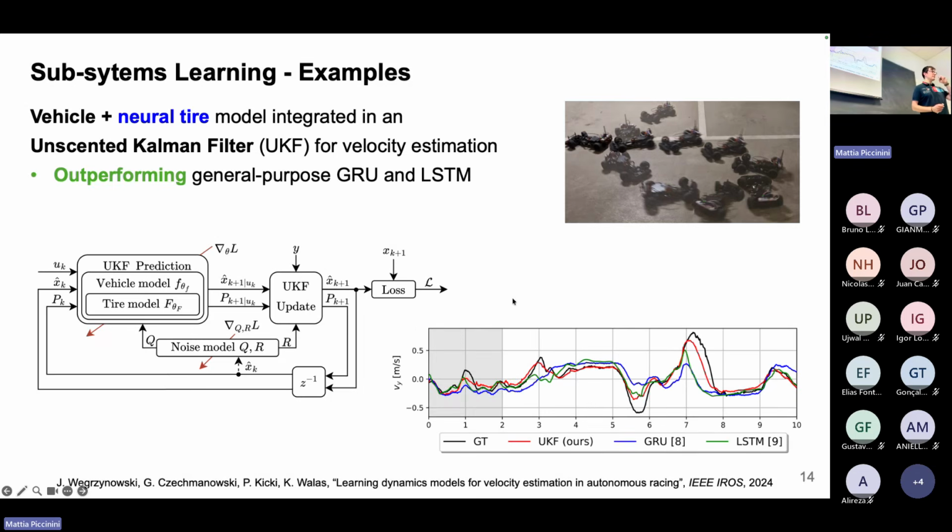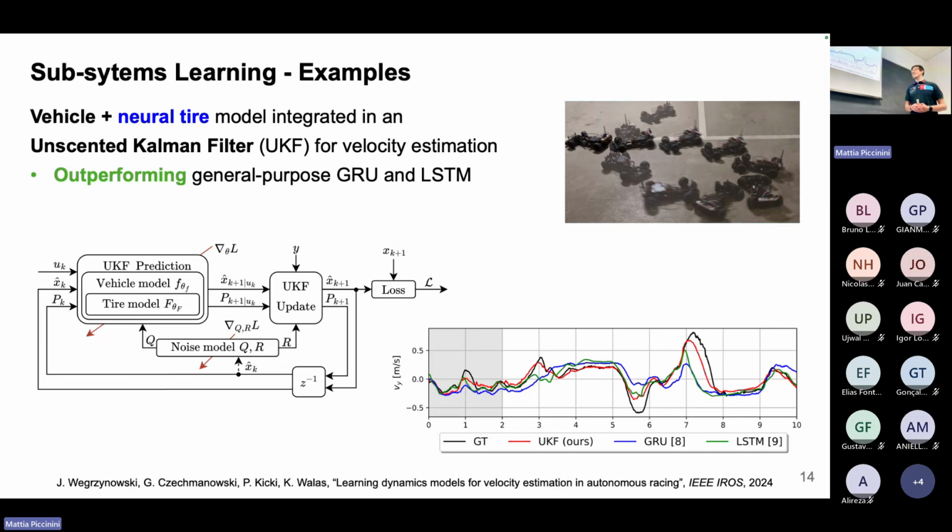So instead of using an analytical model containing neural tire models, they probably used the GRUs and LSTMs, which are very general purpose neural networks, which typically were presented in the context of natural language processing, but then people apply them also to physical systems.